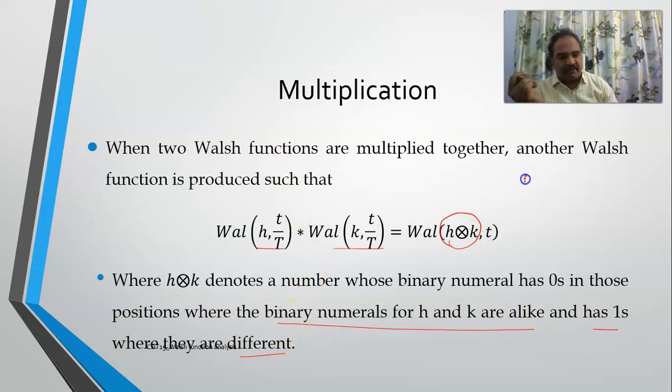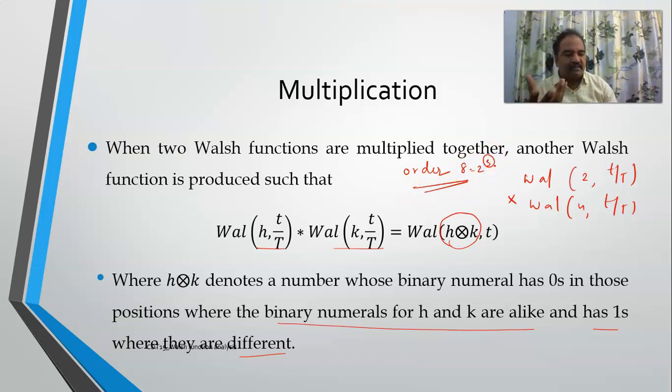Let us suppose I take Walsh 2 comma t by t, and the other I'll take Walsh 4 comma t by t. Now if I want to multiply these two, let us suppose I'll take the order of 8, which means it is 2 cube, so I am supposed to represent it in 3-bit binary format.